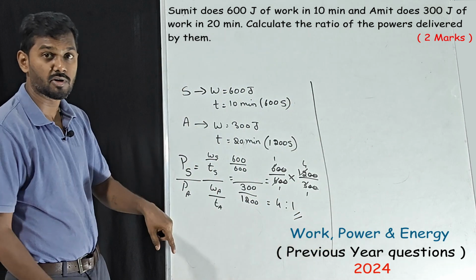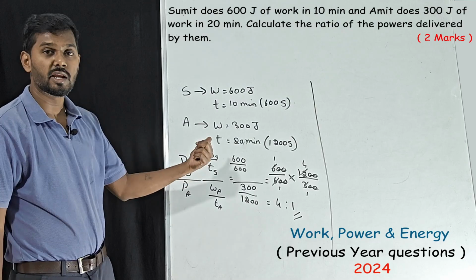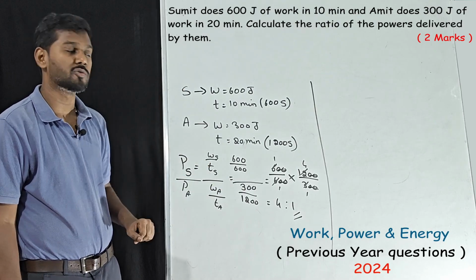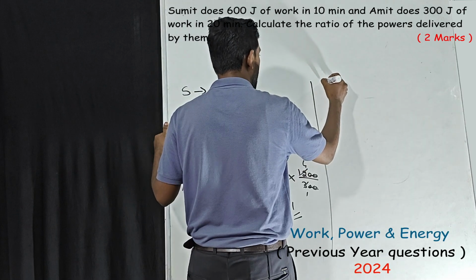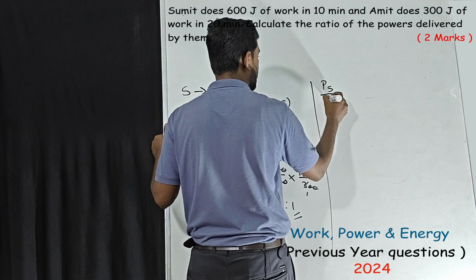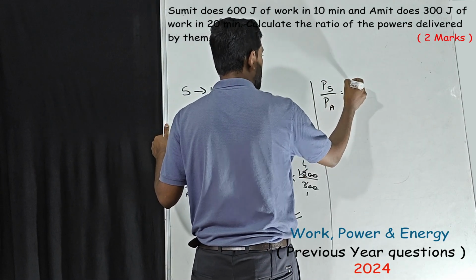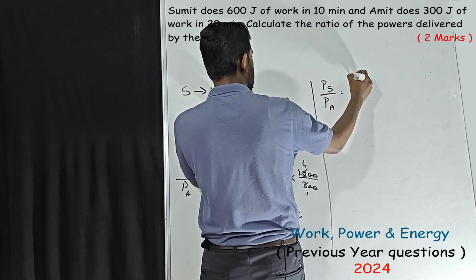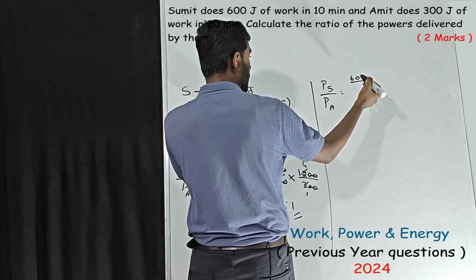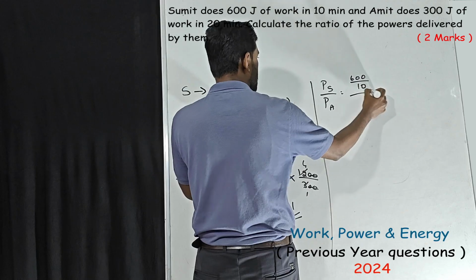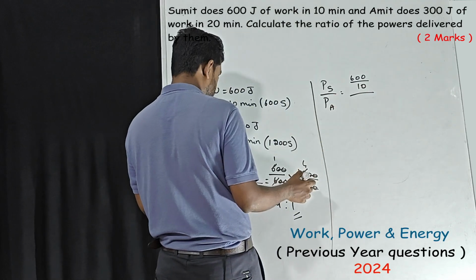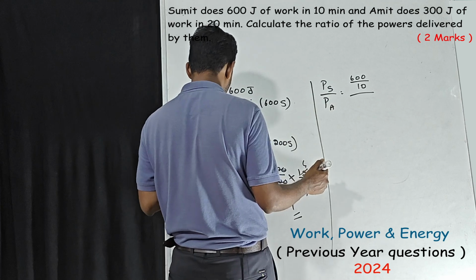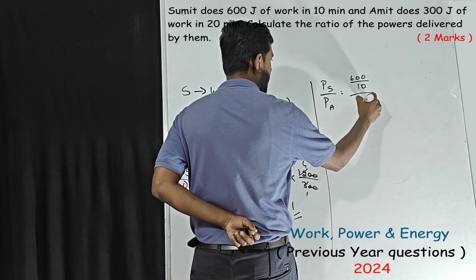Now I'll show you that without converting into SI units also we can get the same answer, only if it is a comparison or ratio form question. See, power spent by Samit and power spent by Amit. So we'll directly go for the values. Work done is equal to 600 joules and the time without converting it is 10 minutes. Then power spent by Amit is equal to work done by Amit, that is 300 joules.